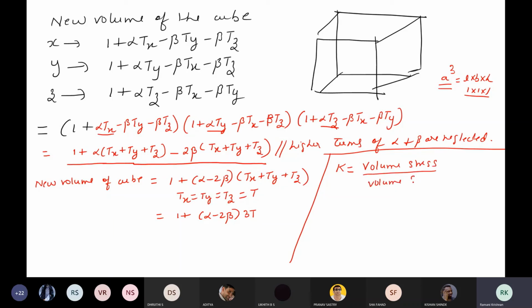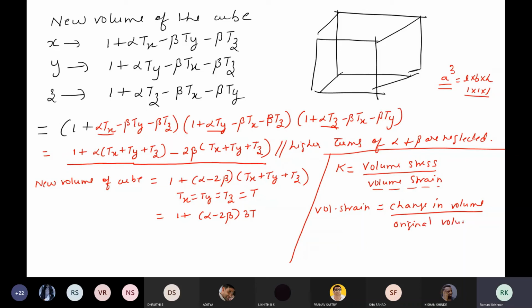Now let me find out what volume strain is and then I'll substitute here. Volume strain means change in volume to the original volume.